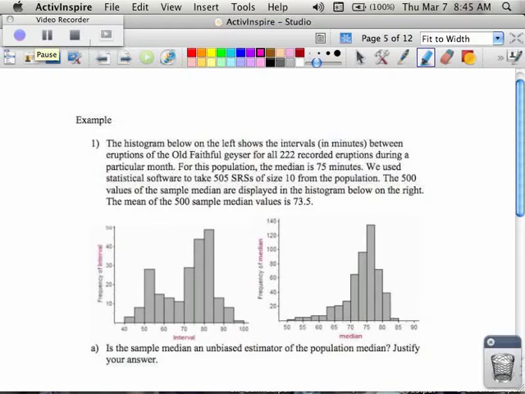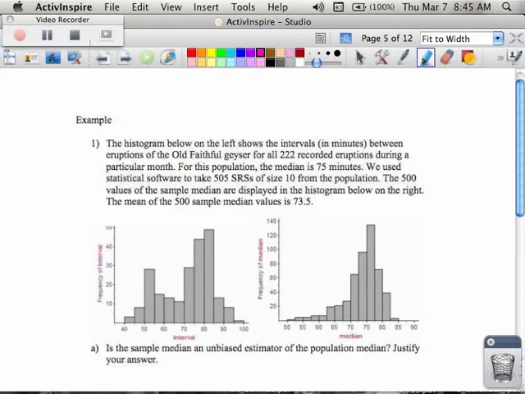The histogram below on the left shows the intervals in minutes between the eruptions of Old Faithful for all 222 recorded eruptions during a particular month. For this population, the median is 75 minutes. We use some software to take 500 simple random samples of size 10.